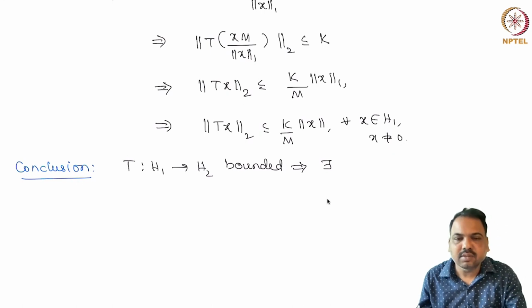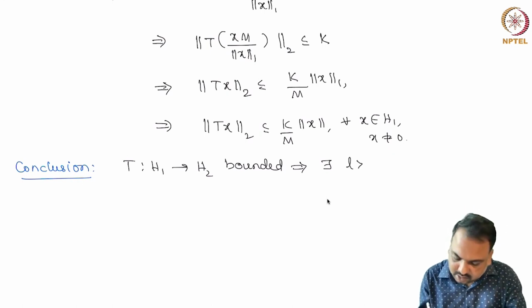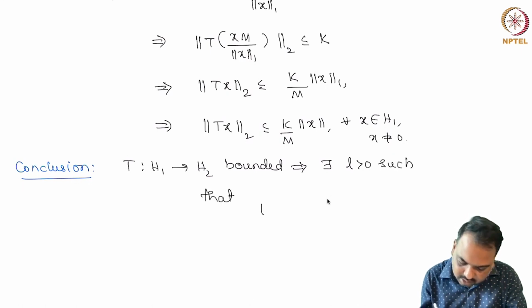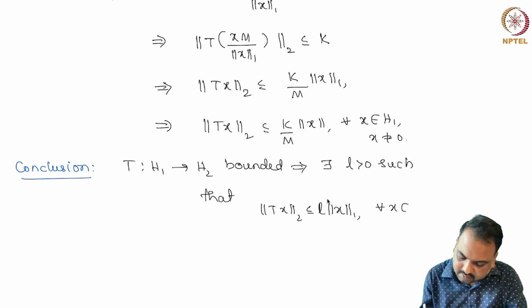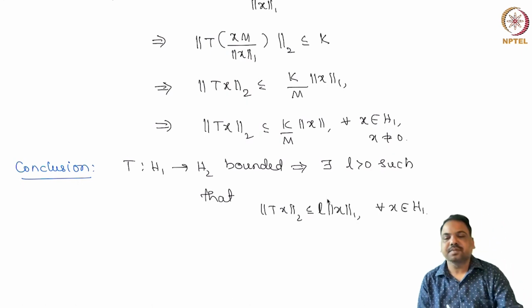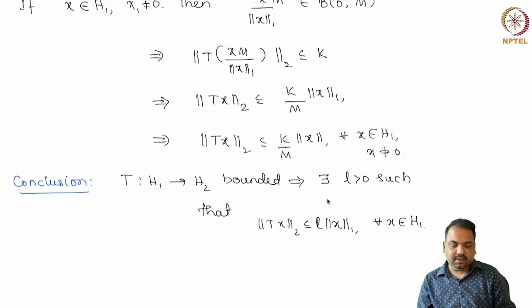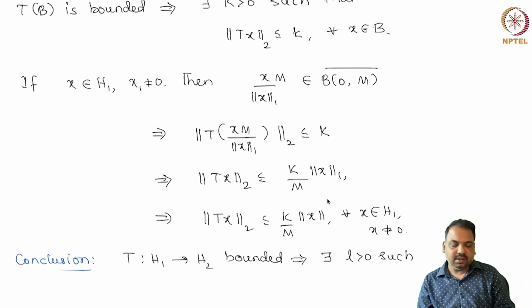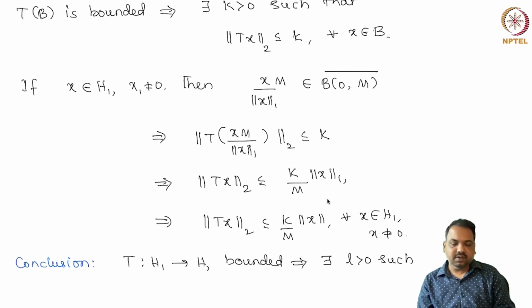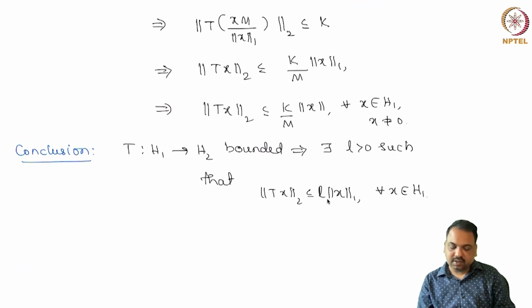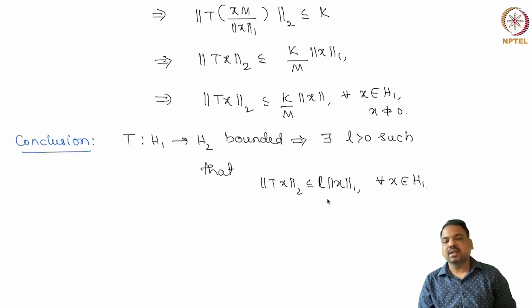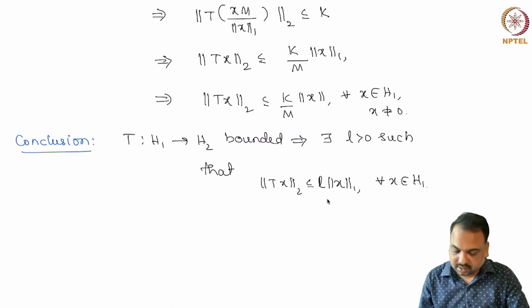So k by m we can call some L, such that norm of Tx is less than L times norm x for every x in H1. So the conclusion is that whenever T is a bounded linear map, that means T maps bounded sets of H1 into bounded sets of H2, then we were able to find a constant L which is strictly bigger than 0, such that norm Tx is less than or equal to L times norm x.